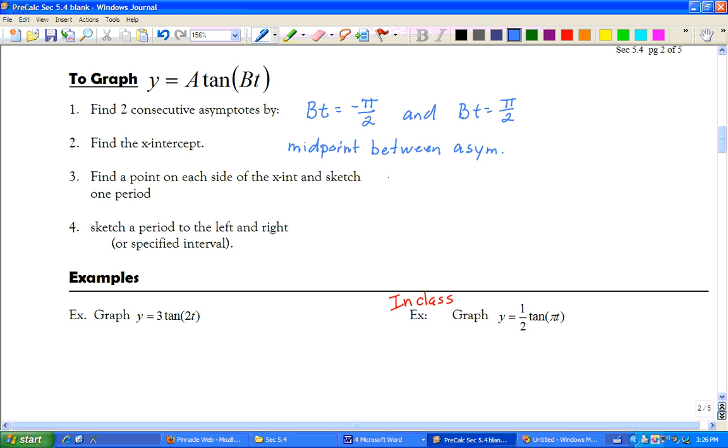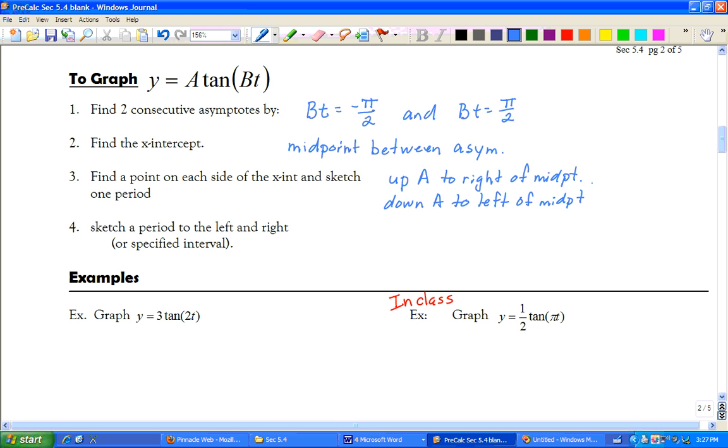So in this case, we're going to go up A. So whatever our A value is going to be our vertical stretch or compression to the right of our midpoint. And then we're going to go down A to the left of our midpoint.